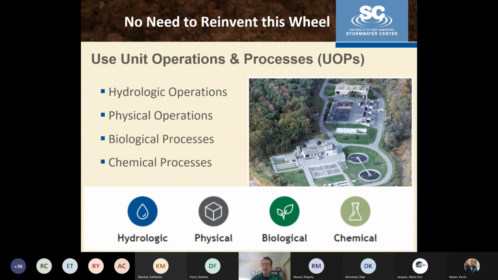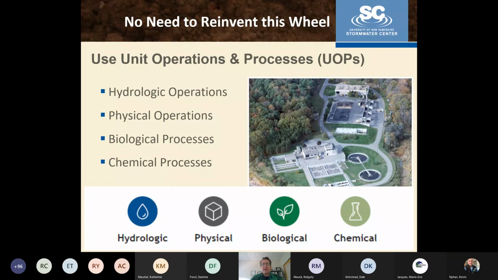So sediment is relatively easy to remove, but the nutrients are really what we're seeing largely associated with a lot of our impaired waters now. So phosphorus in inland and freshwater systems, nitrogen on the coast and in estuarine style systems.